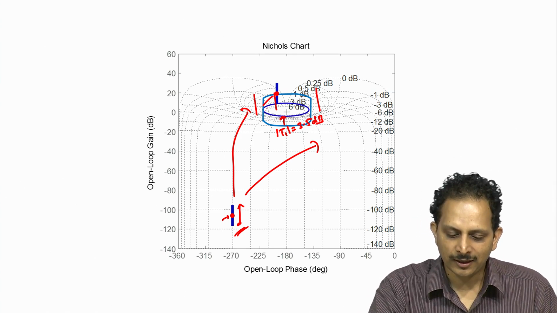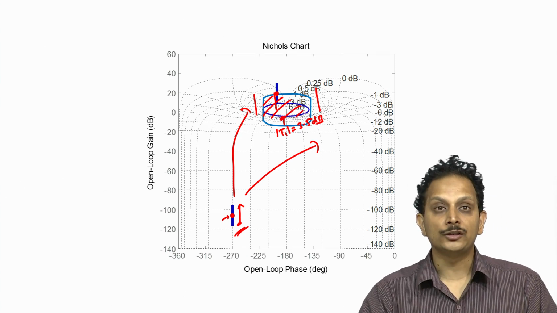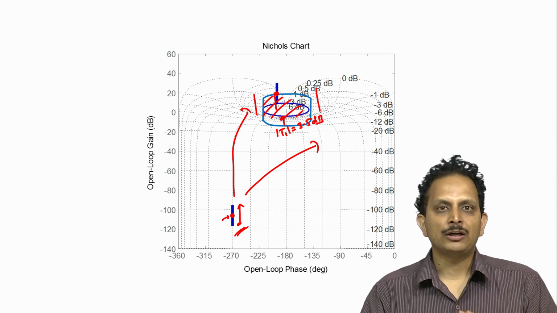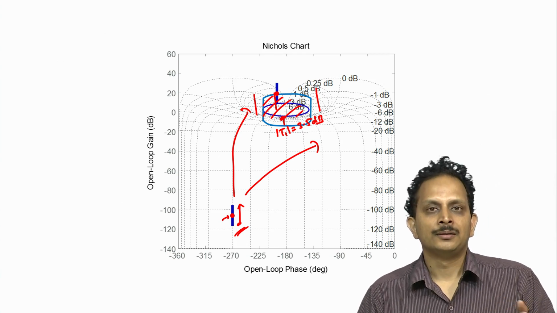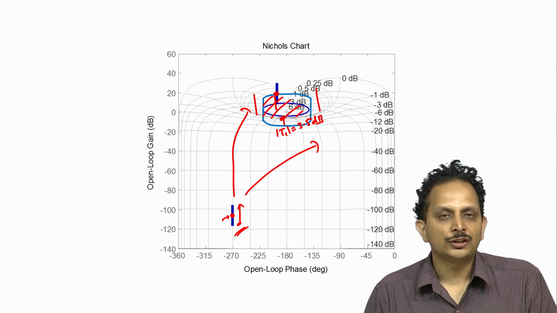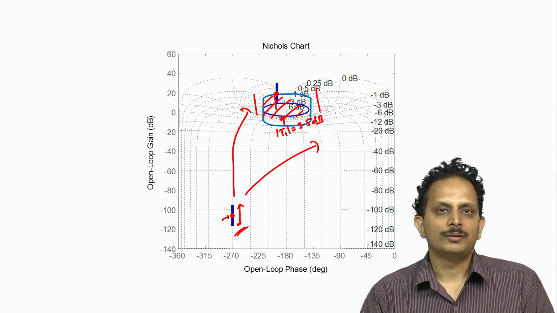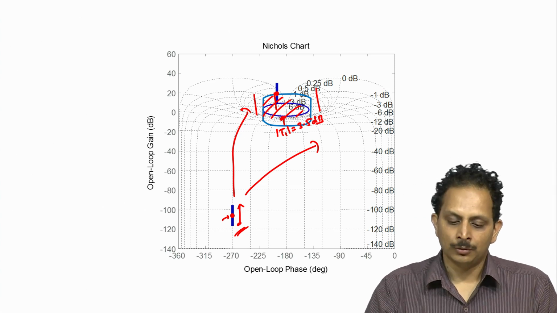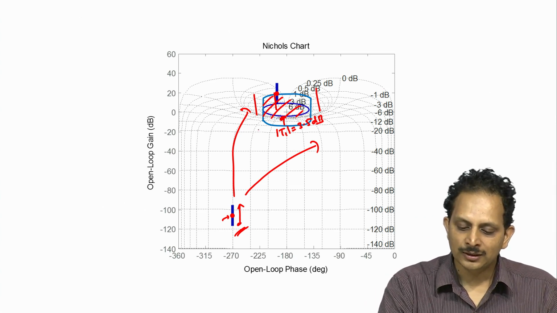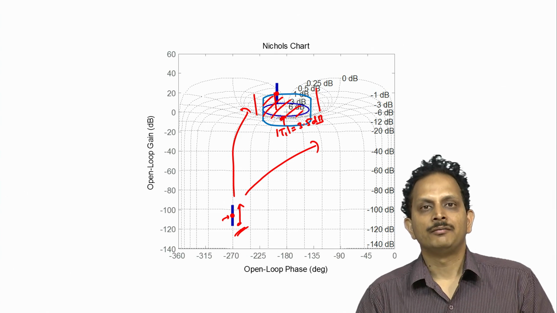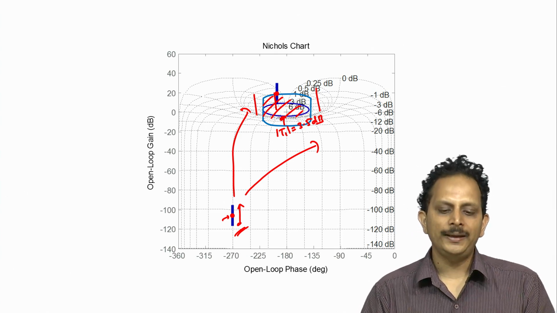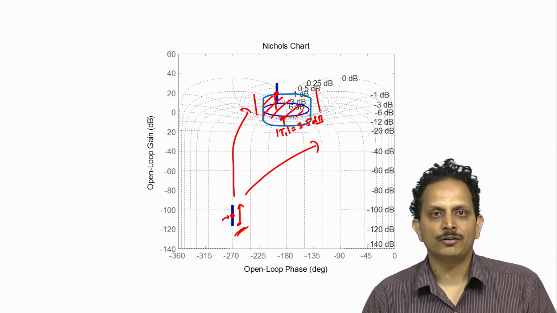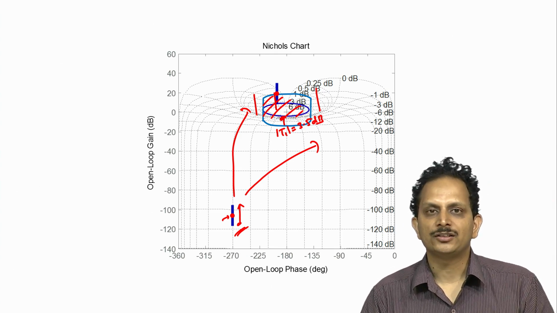The region inside the curve is the region where the nominal loop gain is not supposed to lie, in order for the overall transmission function T1 to be less than or equal to 3.5 dB. So the region outside this closed curve is a region within which the loop gain is allowed to lie, and this guarantees that the worst case transmission function T1 will always be less than or equal to 3.5 dB.